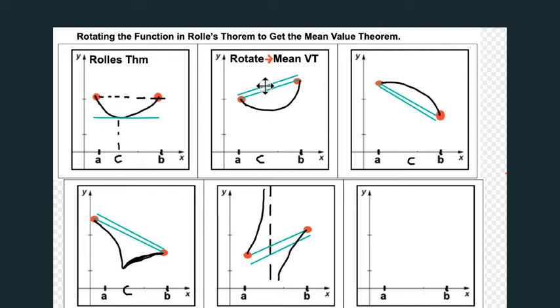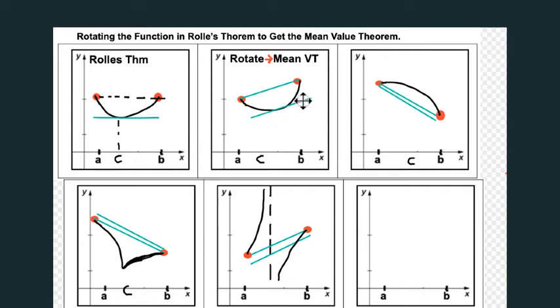So let's grab that and look. Is there a point where I get a tangent to that curve that is the same as the slope between a and b? Look at that. So this line here and this line here are parallel. So the secant slope is the same as the tangent slope here.